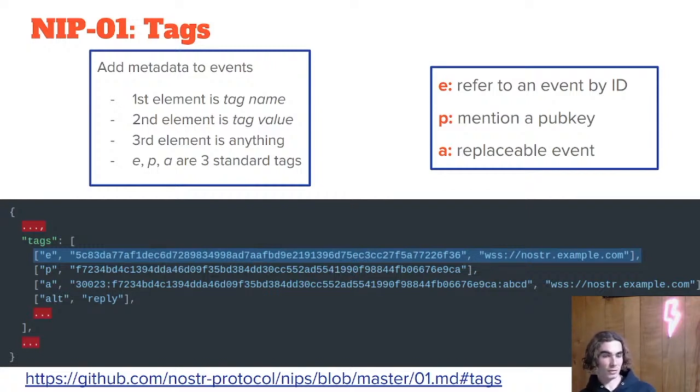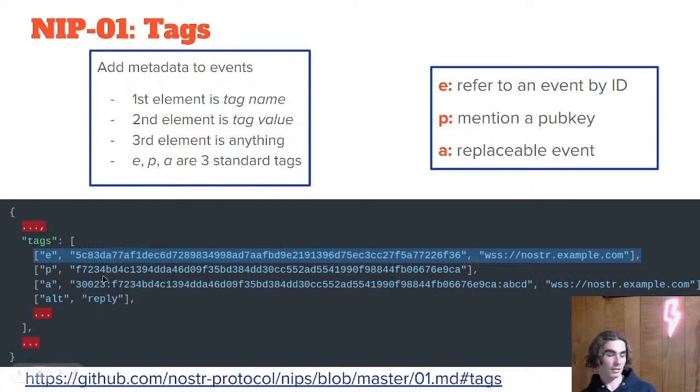NIP-1 defines 3 standard tags: E, P, and A tags. E tags refer to an event by its ID. So this event here is tagged with another event ID. Maybe here the alt tag says reply, so this event is probably replying to the event defined in the E tag. The P tag is for mentioning a pubkey.